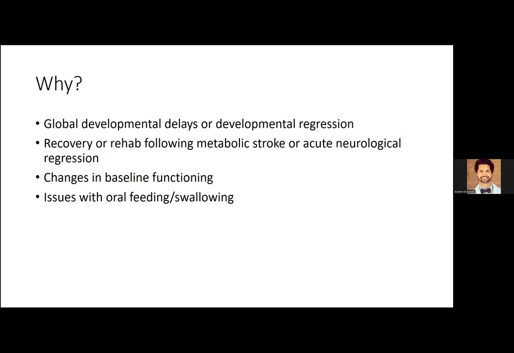If you have changes in your baseline functioning, if you're not able to do what you used to be able to do a few years ago, these therapies may also be helpful. And then issues with oral feeding and swallowing. At every mito visit, many mito providers will screen for whether you are choking or coughing or gagging while you swallow, or whether there is anything to suggest that your swallowing isn't as coordinated as it used to be. These therapies can also help with that.